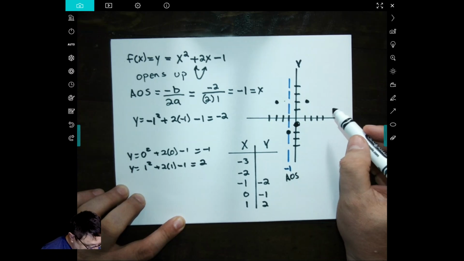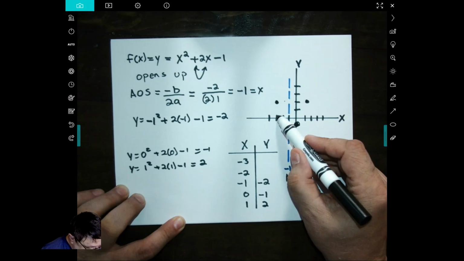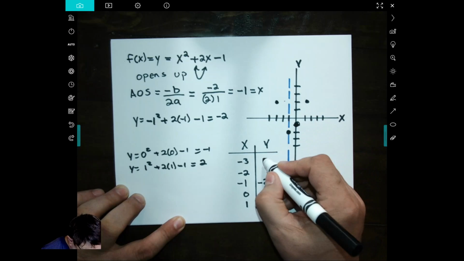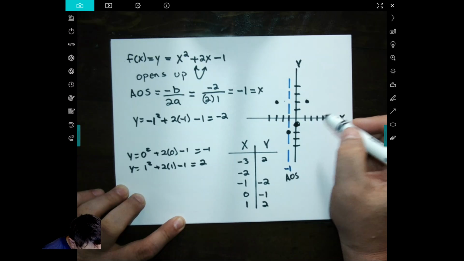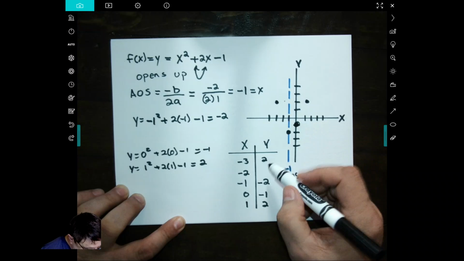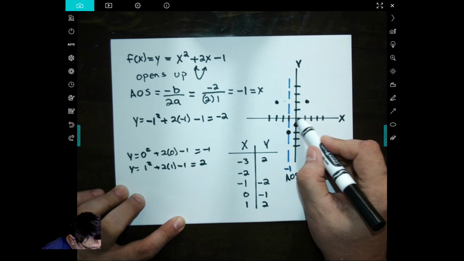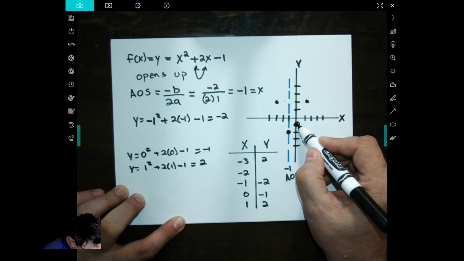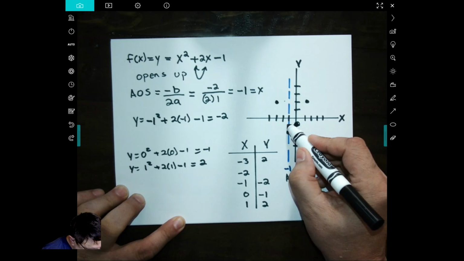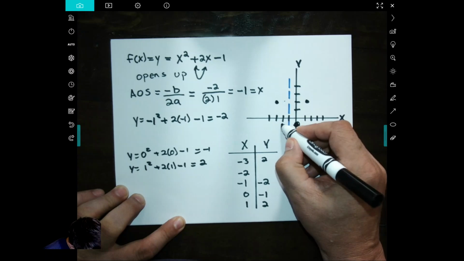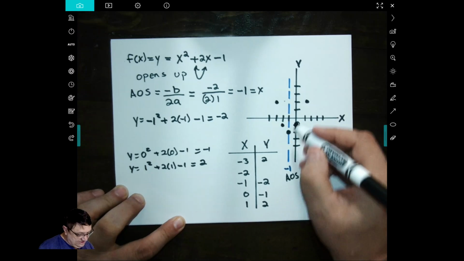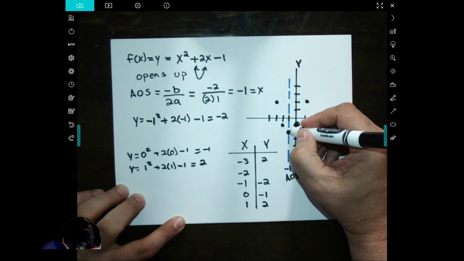And that would be 1, 2, 3, so that's negative 3, and I'm going to get 2. At negative 1, I don't have a point there, but I do have one at 0, and there's one right on the other side of that, right here. I can see now I have enough points to draw my parabola.